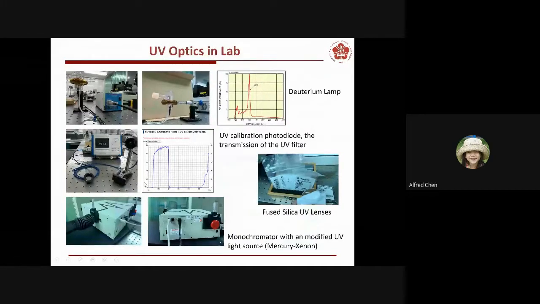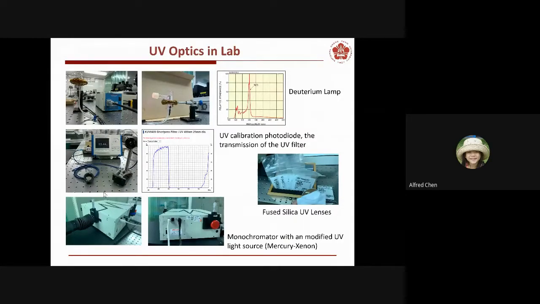But not only the design and fabrication, we also face very challenging issues with UV optics in the labs. The traditional glass and optical systems cannot be used for UV optics because of absorption. And the UV radiation can harm the operators.